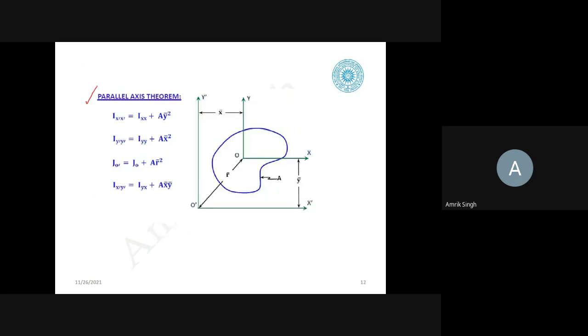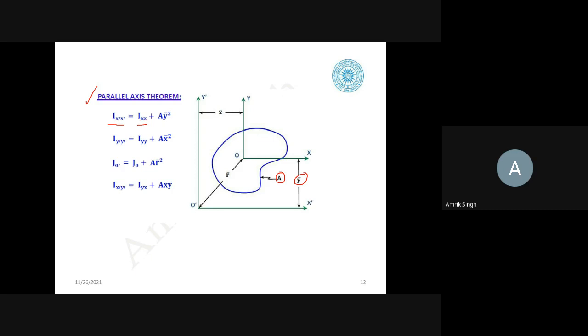Similarly, you know the parallel axis theorem. If we want the moment of inertia about x dash, we will take the moment of inertia about Ix plus the area A into the square of the distance between these two axes.